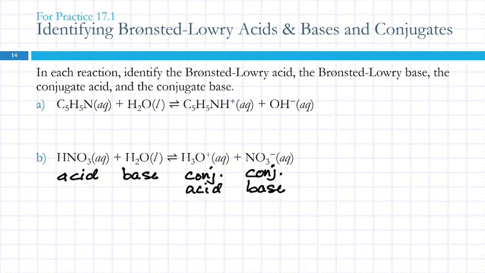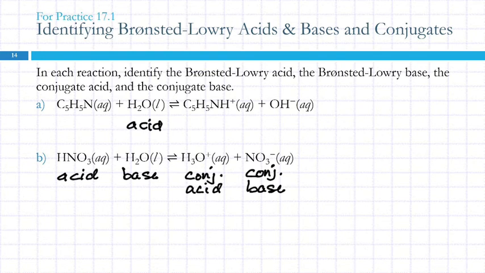Now we have to go back to A. We look at this and I don't recognize it really. I know water can be an acid or a base, but I don't know what to do with this one. Look at the products. What happened here? Oh, the water lost a hydrogen. What does that make the water here? An acid.